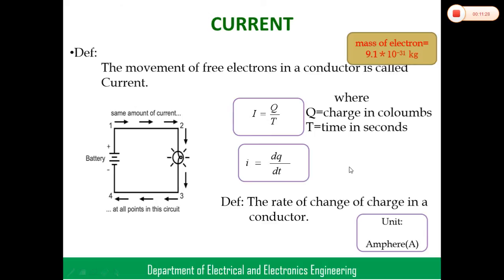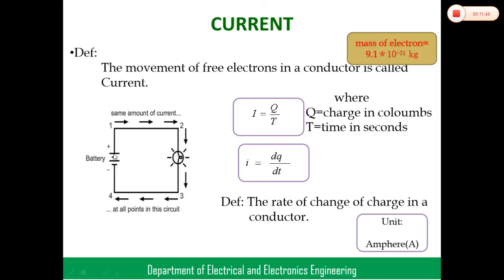Here I mentioned a very important point about current. Here is a small circuit where I put a battery and a bulb. It should be a closed path; a circuit is nothing but a closed path.